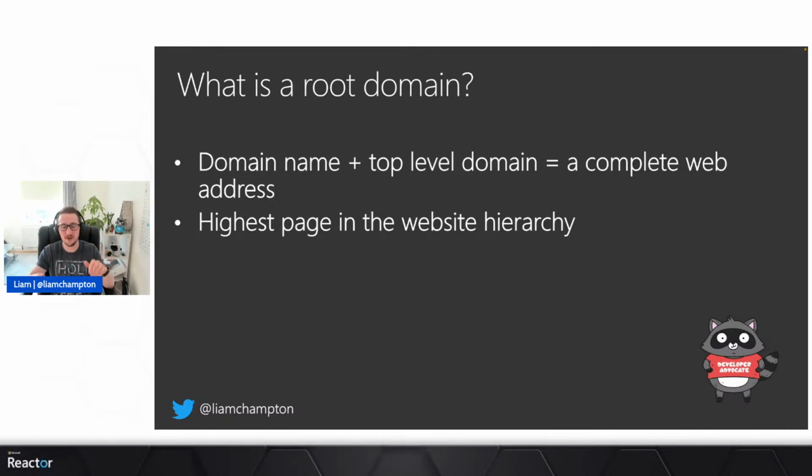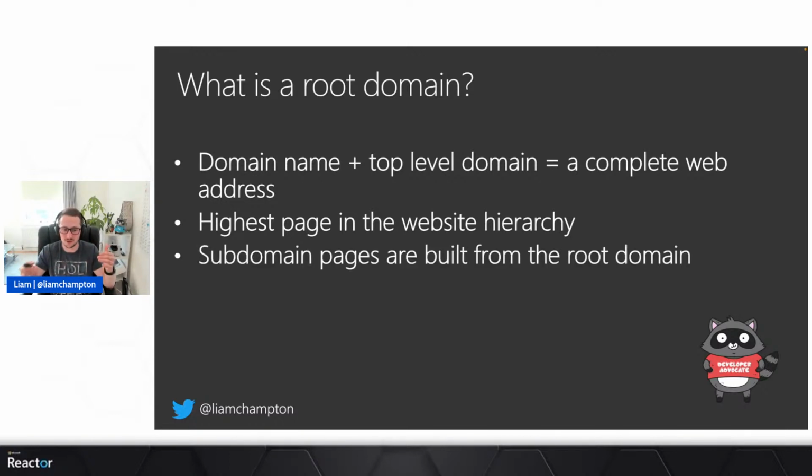Everything else that comes off of that would be a subpage, or in this instance, subdomain pages, because they're built from the root domain, if that makes sense. So I don't know, you might have categories or a basket or images or gallery. You're not going to point your root domain to those pages. Your root domain is the main one that everything's built off of. And like I said, liamsworld.com is the example that we've got here.